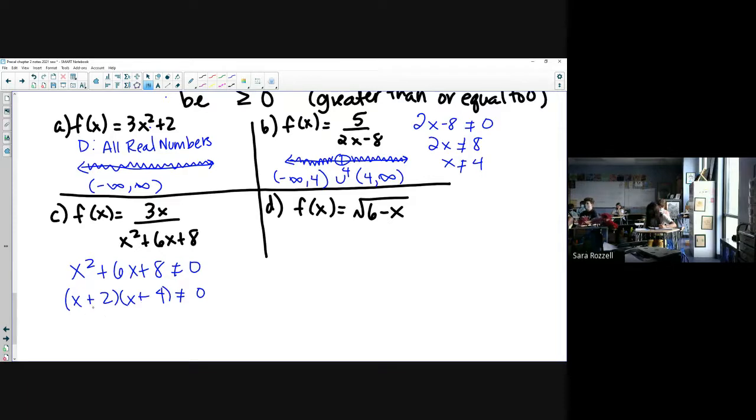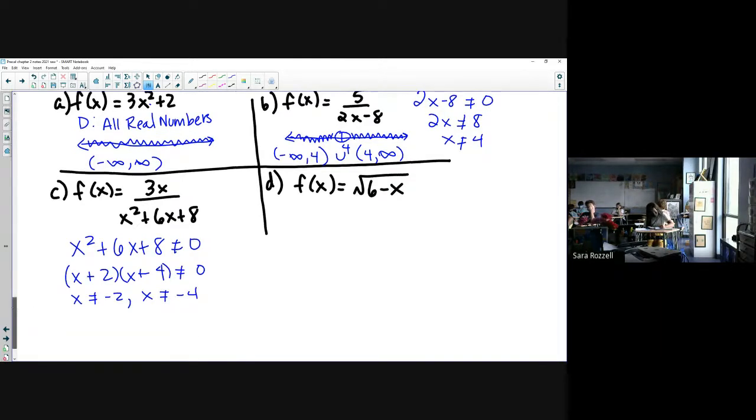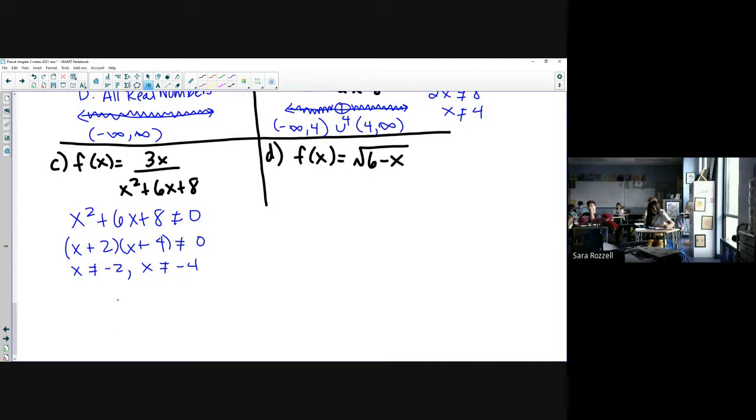No, we need to have x cannot equal negative 2, and x cannot equal negative 4. We don't want it to be those two.